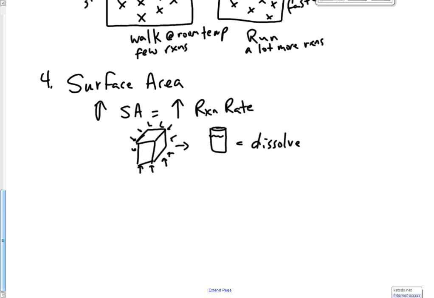Okay, if we took that same sugar cube and broke it up into several smaller cubes, let's say 9, just for the sake of math and drawing. Not my greatest drawings.